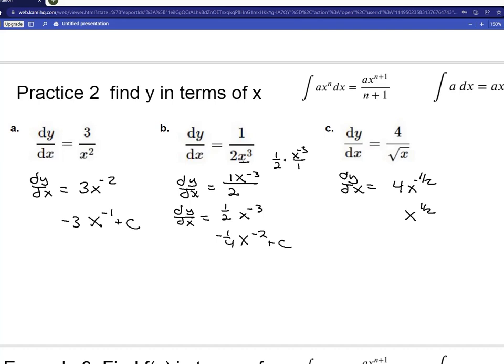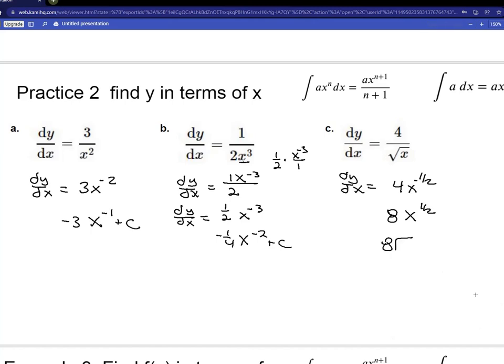What do you want me to do? 4 times 2? Yeah, I'll just do 4 times 2. That's easier, and that's going to give me 8x to the 1/2. And then what am I going to do with that? You put a plus c. We're going to make it back to a square root, right? And then put the c in there, right?